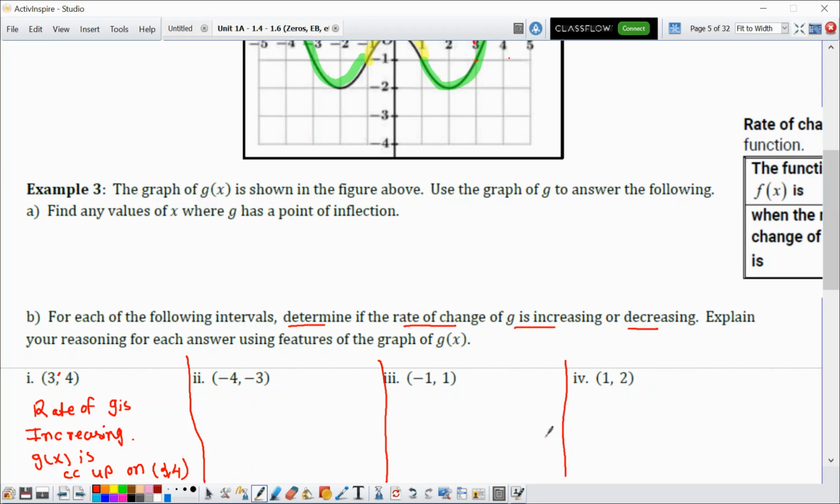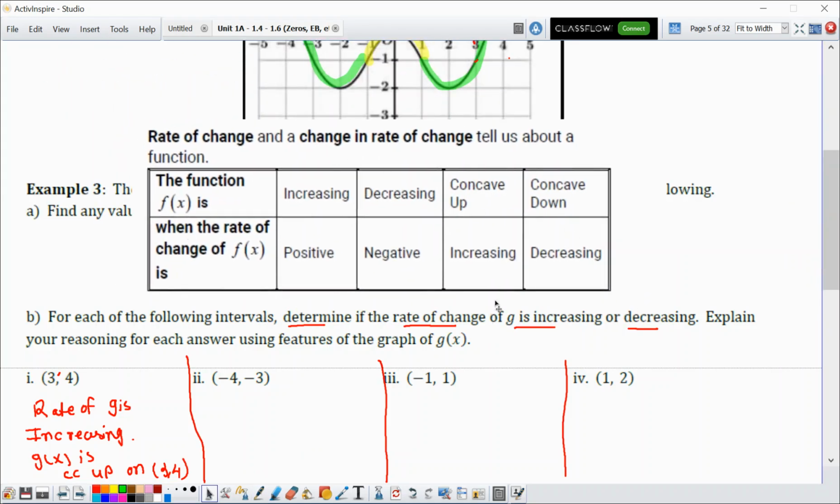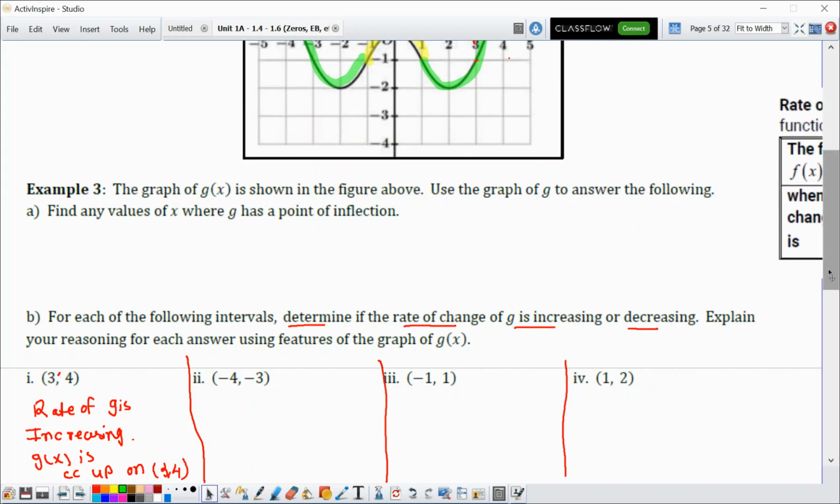You don't have to write so much; we just have to look at the concavity. Rate of g is increasing because the function is concave up. One more time, concave up, rate is increasing. Concave down, rate is decreasing.